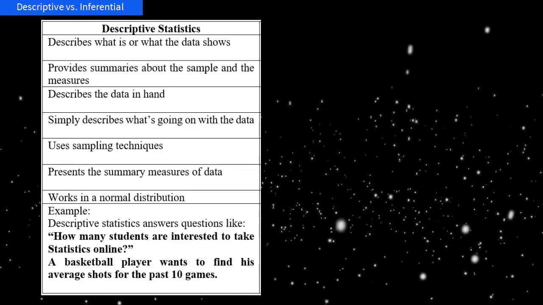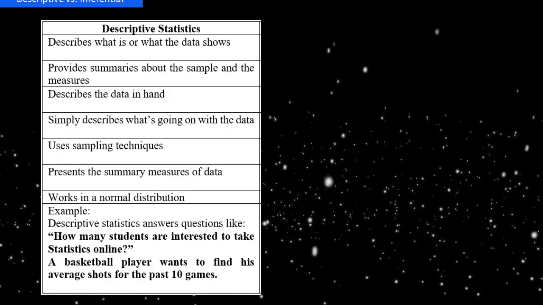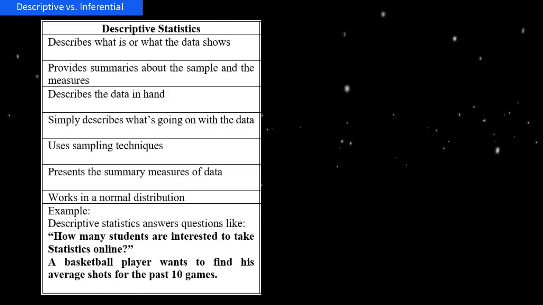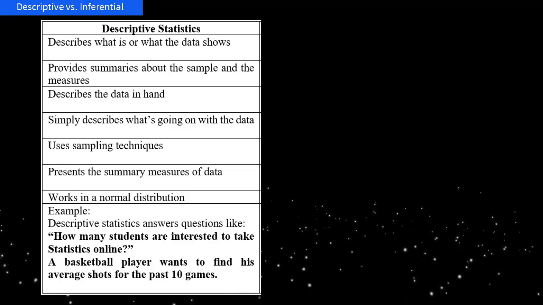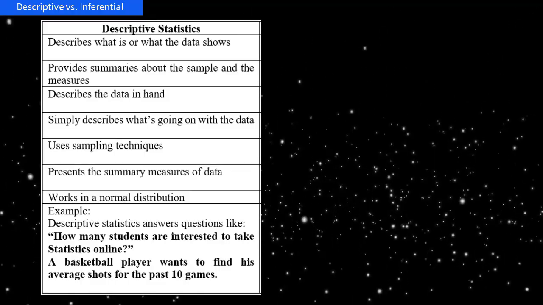For example, the descriptive statistics answers questions like, how many students are interested to take statistics online? Or, a basketball player wants to find his average shots for the past 10 games.